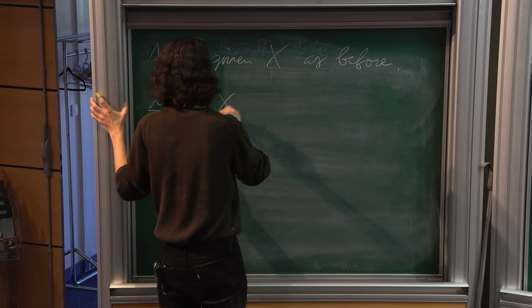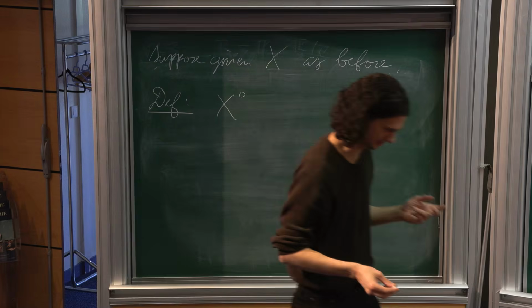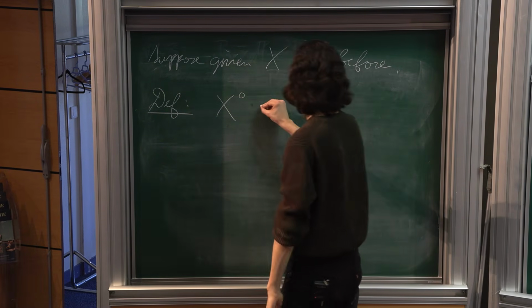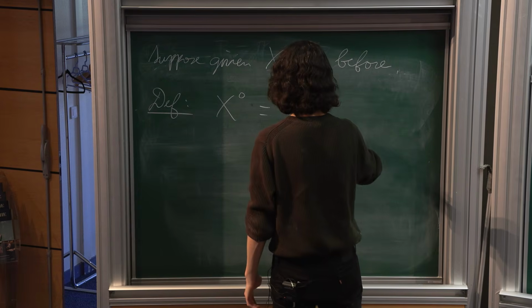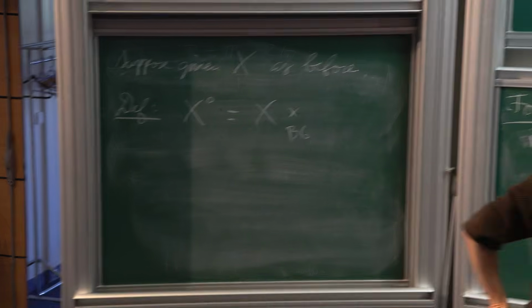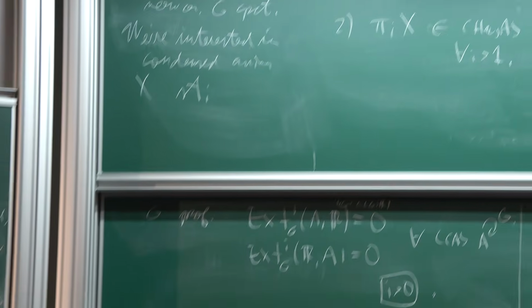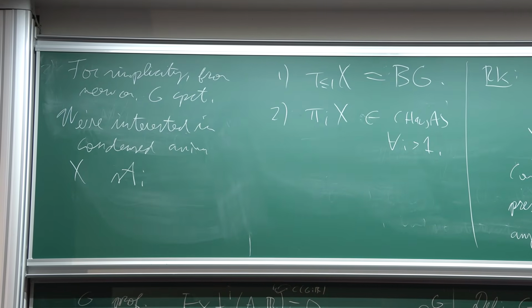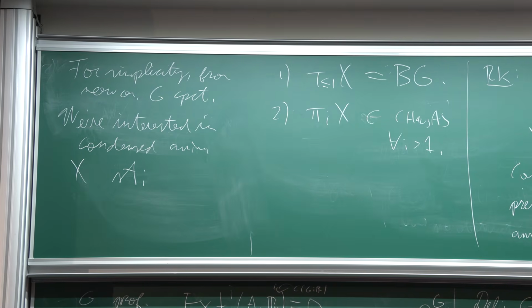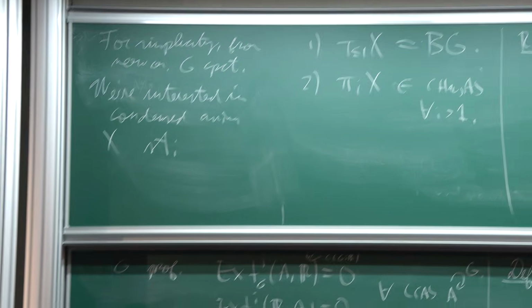Don't take this too seriously, it's just notation, but the connected component of the identity of X. Let me define that to be, let me fix the base point, at least in BG, just for convenience. So then I know what the connected component of the identity is, and I know what this is. And I just take this to be the fiber product there.